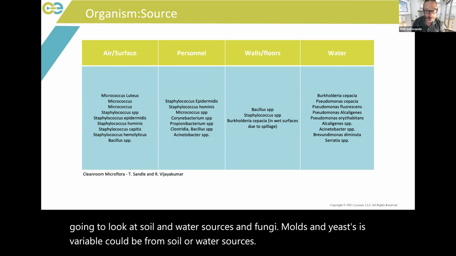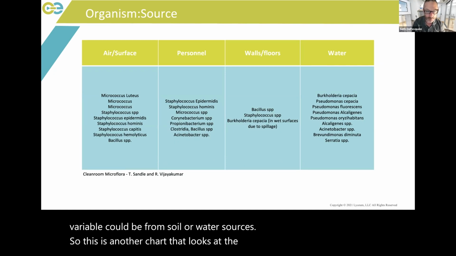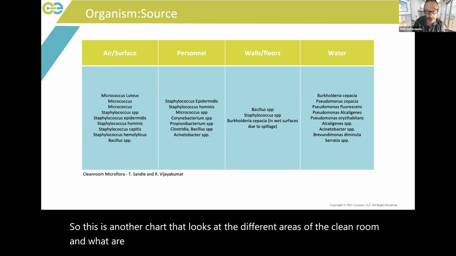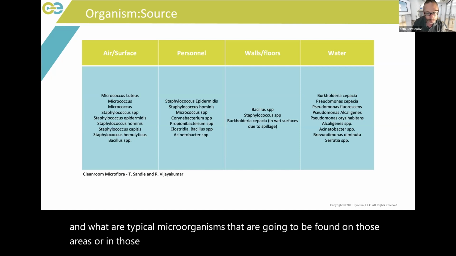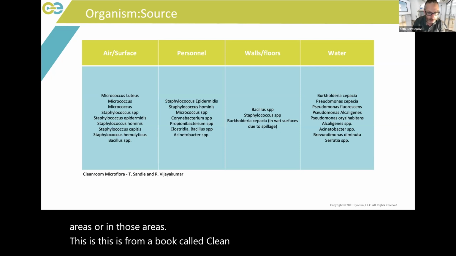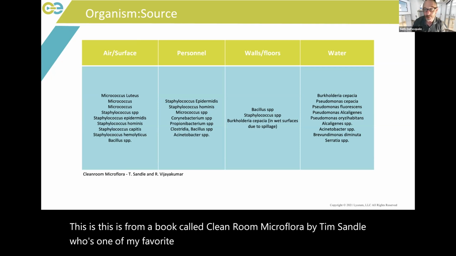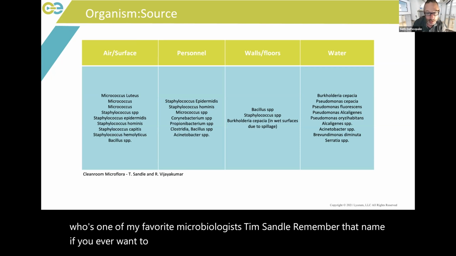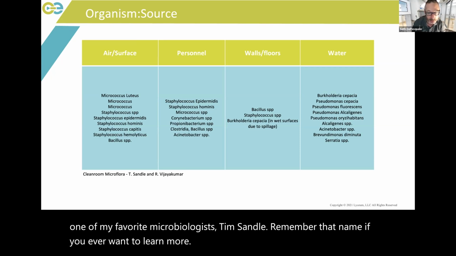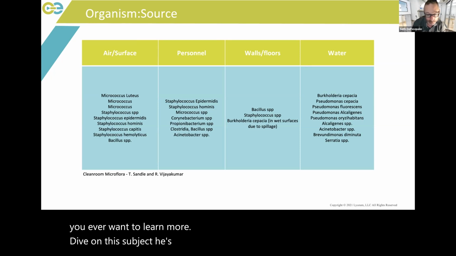So this is another chart that looks at the different areas of the clean room and what are typical microorganisms that are going to be found on those areas or in those areas. This is from a book called Clean Room Microflora by Tim Sandel, who's one of my favorite microbiologists. Tim Sandel, remember that name. If you ever want to learn more and take a deep dive on this subject, he's a very prolific author.